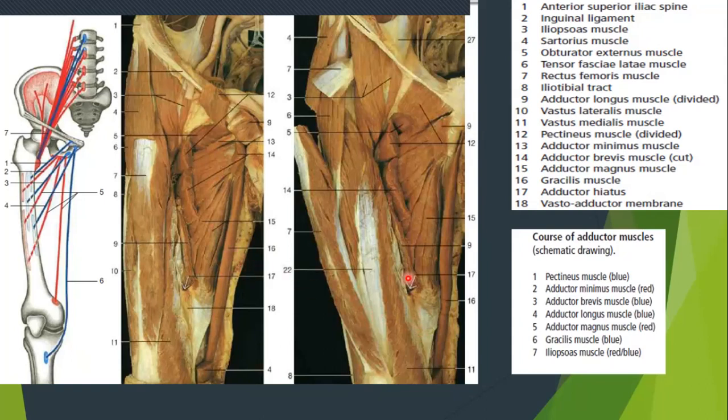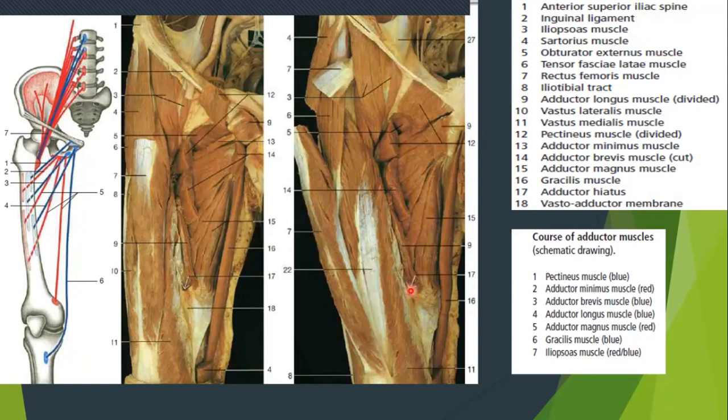Also here the same. You can see these are the muscles forming your femoral triangle. Iliopsoas most laterally, then pectineus, then your adductor longus, then deep to it adductor brevis, then deep to adductor brevis, adductor magnus.